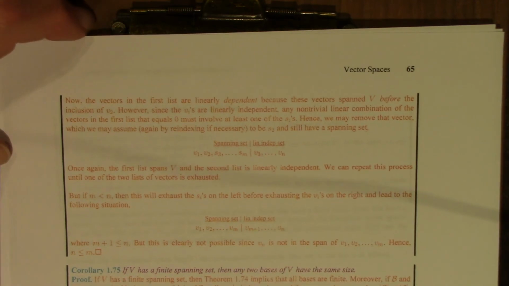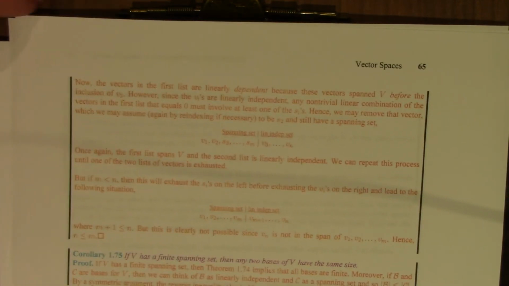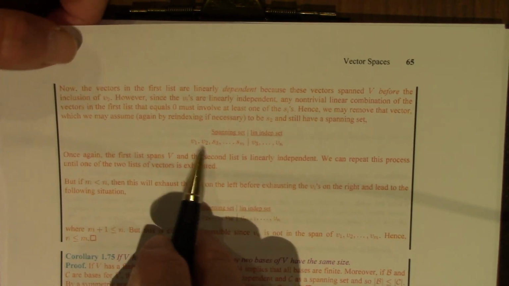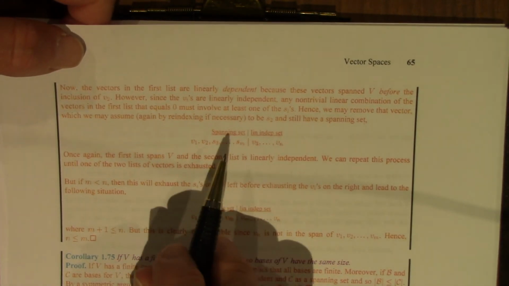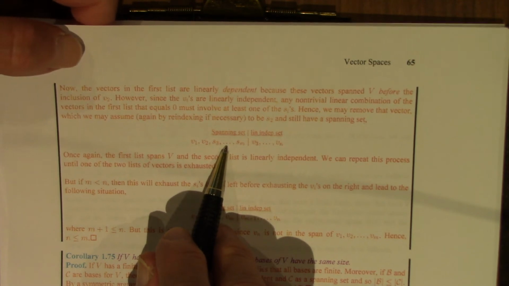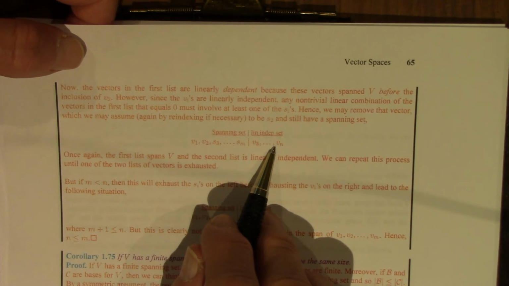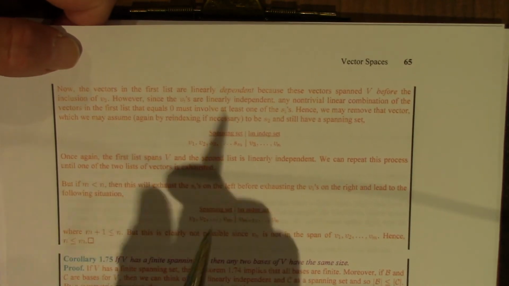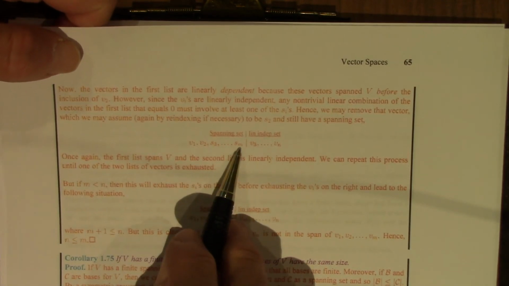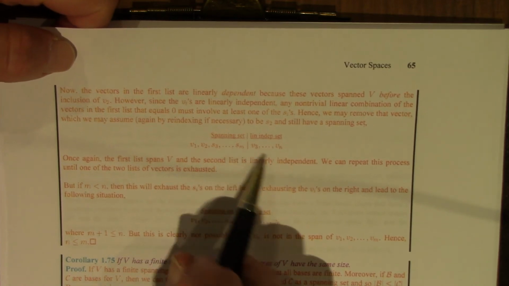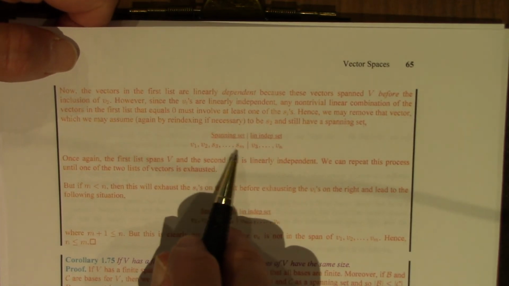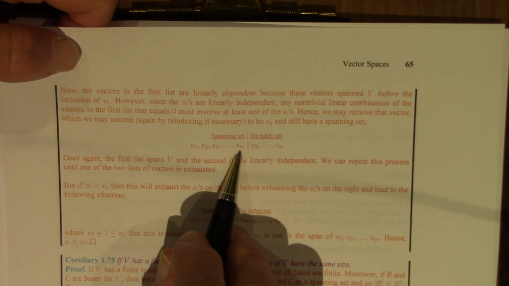So we can continue to do this, move vectors over, and eliminate one of the S's, and still have a spanning set here, and an independent set here. We're trying to show that n is less than or equal to m.